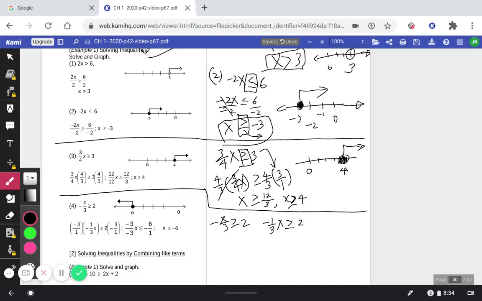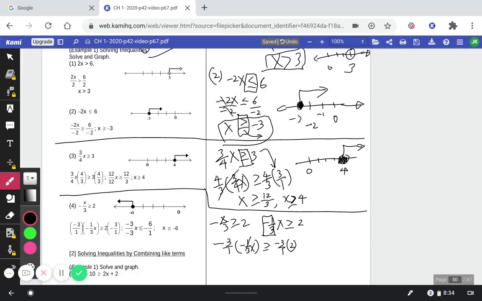So what is the reciprocal of negative 1/3? Negative 3/1. So you multiply negative 3/1 to negative 1/3 x, because you have to include the sign, negative, and negative 3/1 times 2.